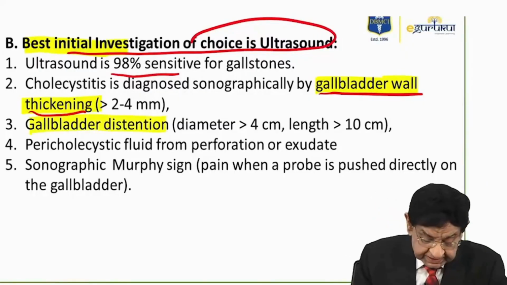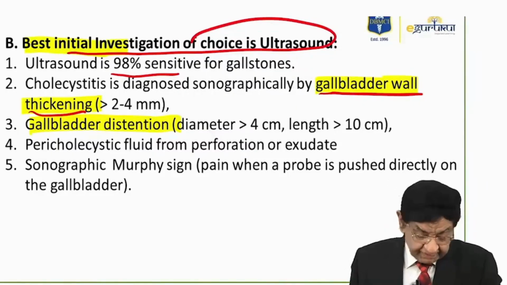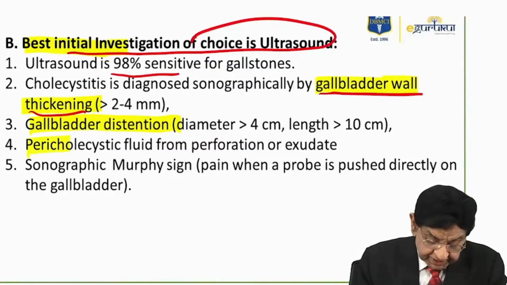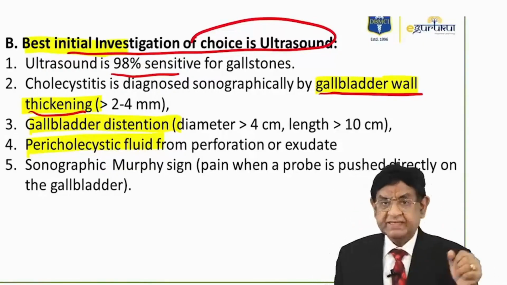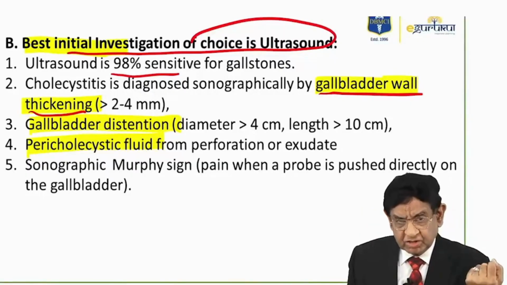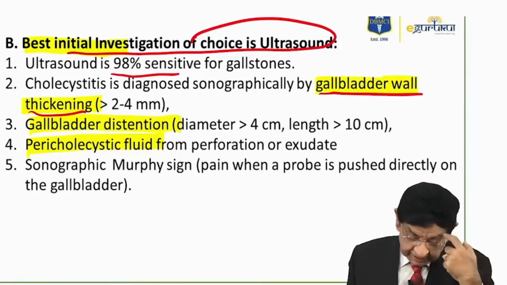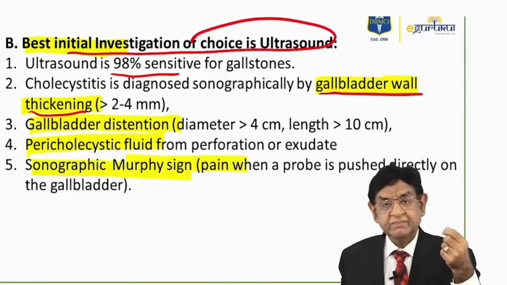The gallbladder may even be distended, and there can be some pericholecystic fluid. If the gallbladder is leaking, there can be some fluid outside the gallbladder also. And even Murphy's sign you can elicit by ultrasound.